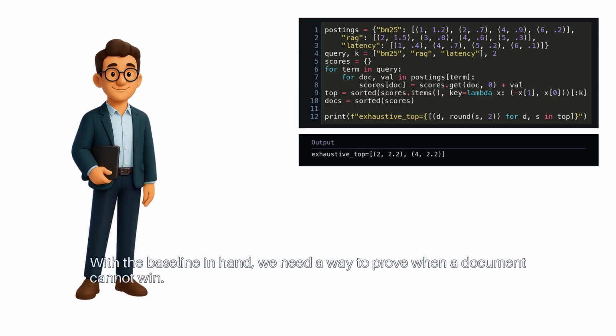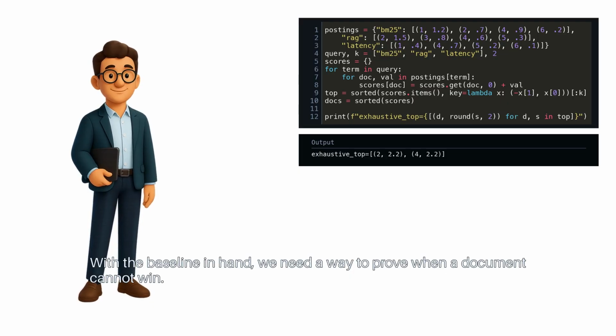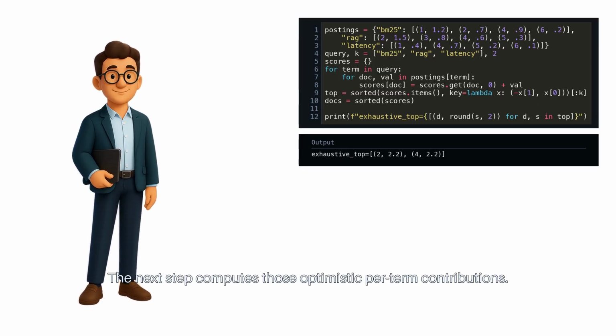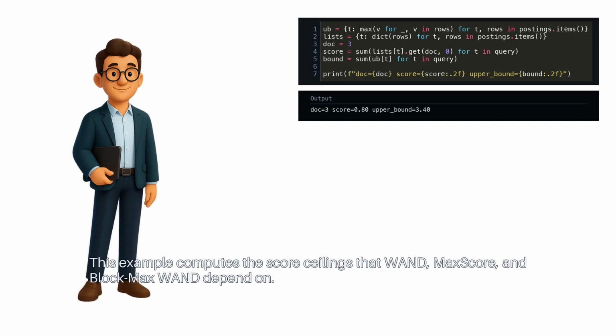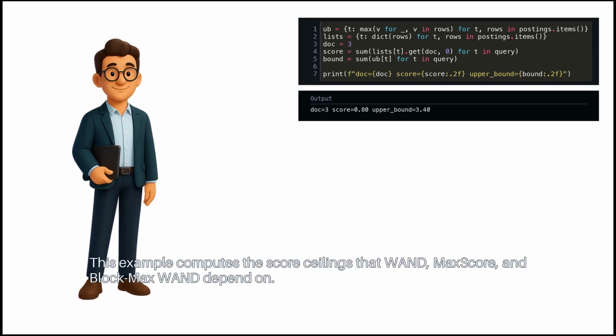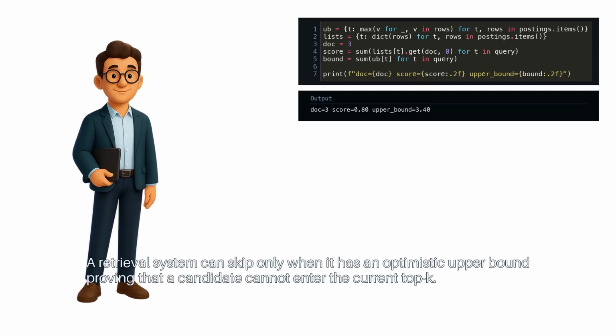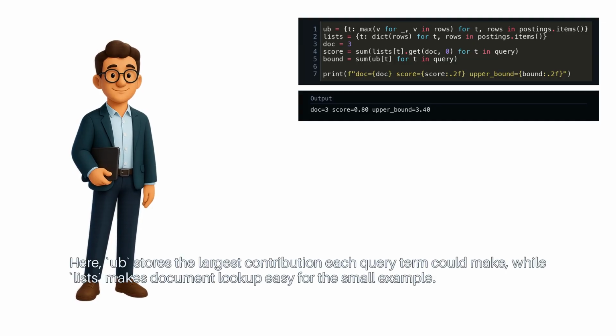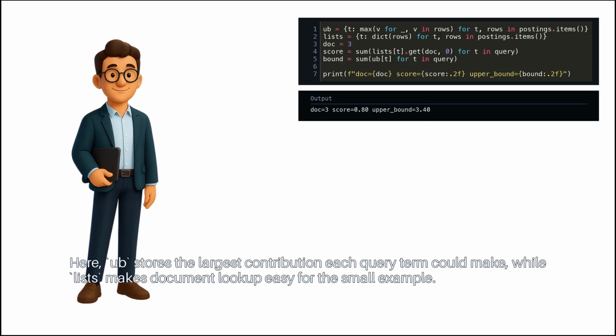With the baseline in hand, we need a way to prove when a document cannot win. The next step computes those optimistic per-term contributions. This example computes the score ceilings that WAND, MaxScore, and Block-Max WAND depend on. A retrieval system can skip only when it has an optimistic upper bound, proving that a candidate cannot enter the current top K. Here, UB stores the largest contribution each query term could make, while lists makes document lookup easy for the small example.